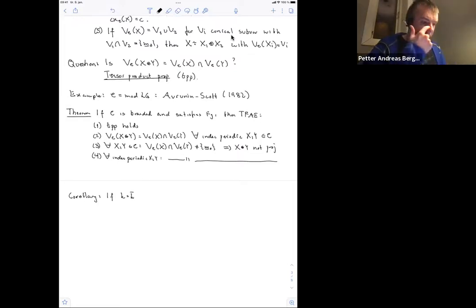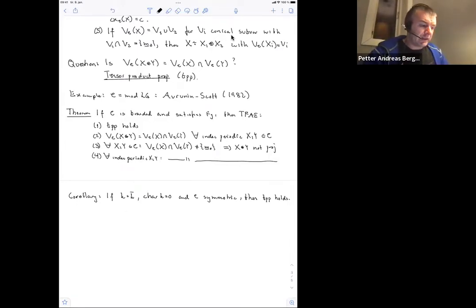If K is algebraically closed and the characteristic of K is 0, and C is a symmetric finite tensor category, so remember, symmetric means braided, so the tensor product is commutative, but in a very, very strong sense, then the tensor product property holds. And you can also show that FG holds in this case, so you have this powerful theory of support varieties.